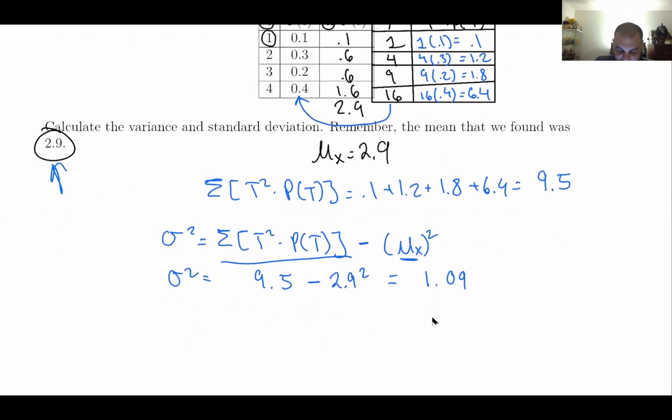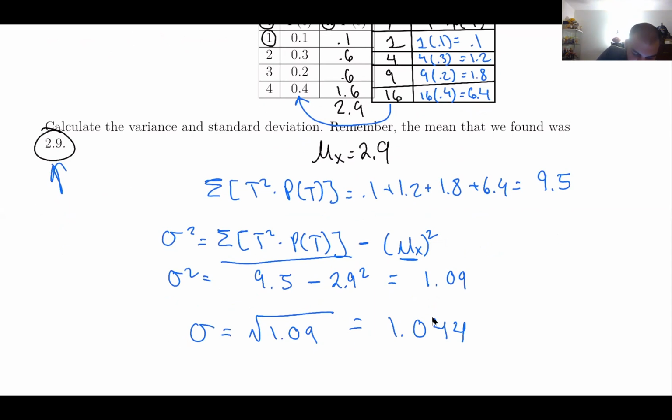All right, so let's get standard deviation. Because once you get variance, all you have to do is square root our variance. So take the square root of 1.09. If you take the square root of 1.09, you get 1.044. And that's it in regard to how do you find variance and how do you find standard deviation.